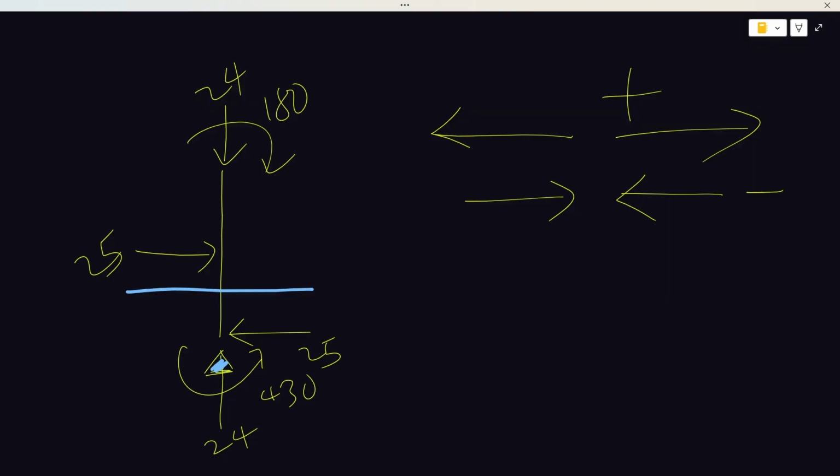It means that this force is trying to compress my member. So it means that my axial force, let me use Z, axial force at A will be minus 24.